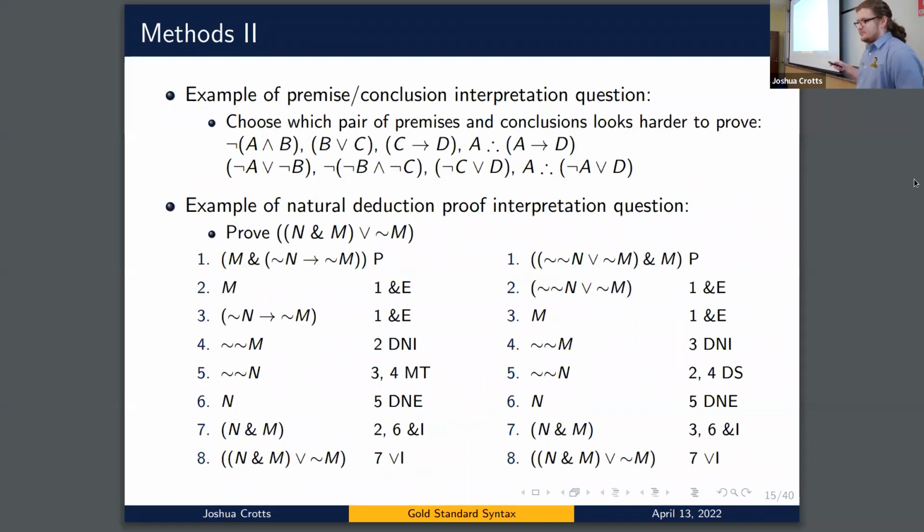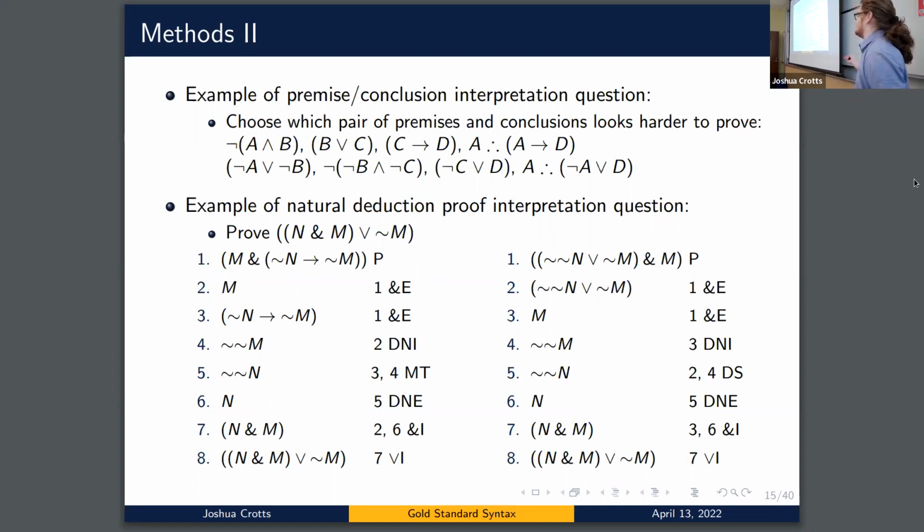So here's an example of the first two surveys. This top part here is an example of a question that we would give them. They would be given those two pairs of premises and conclusions, and they would have to, just by looking at it, determine which one looks harder to prove. There's no right or wrong answer.